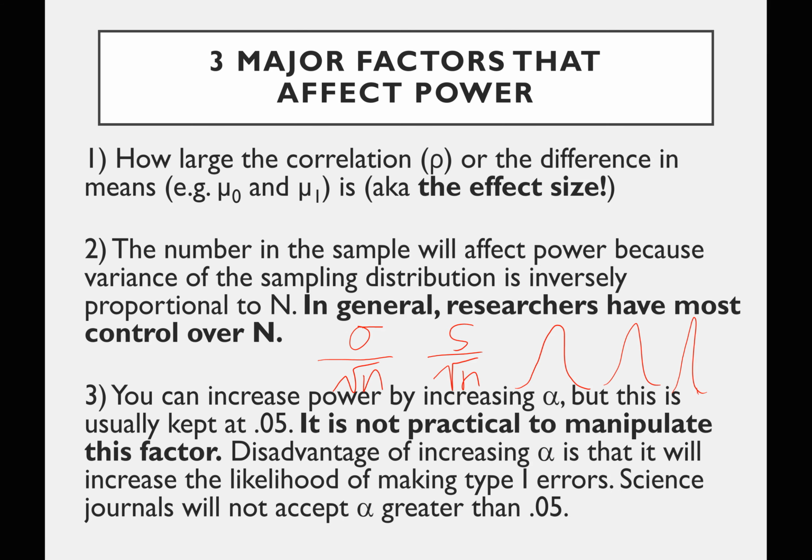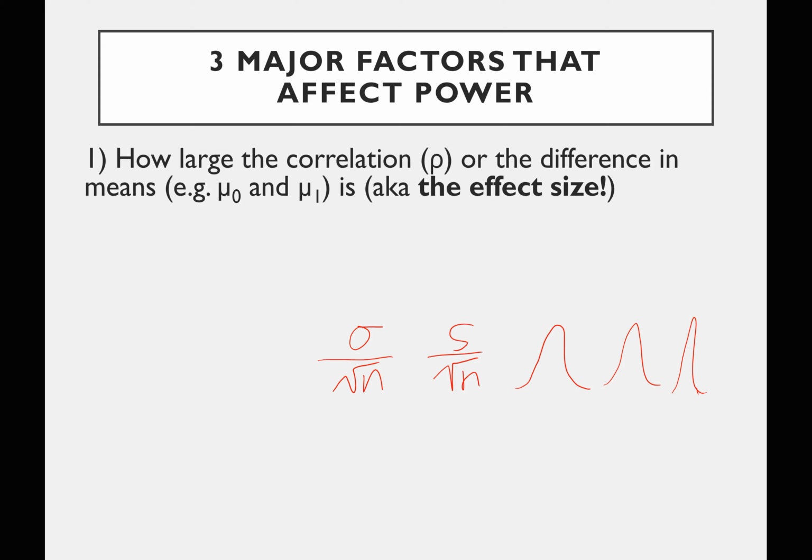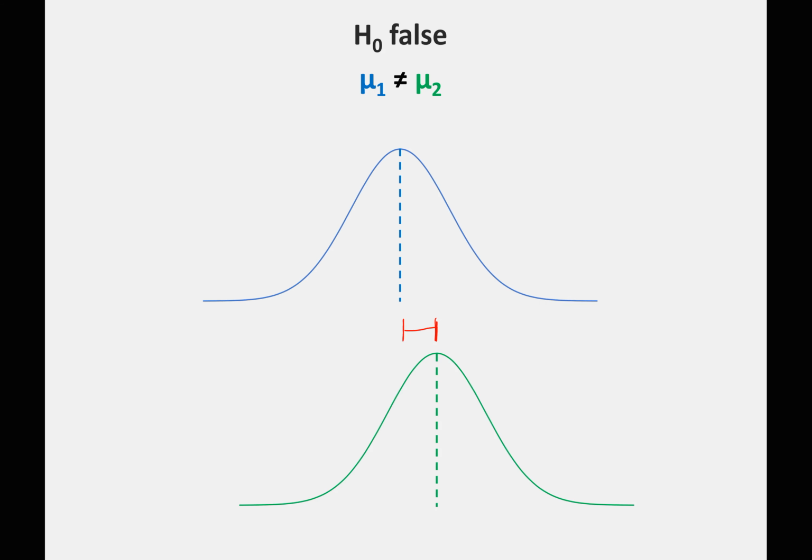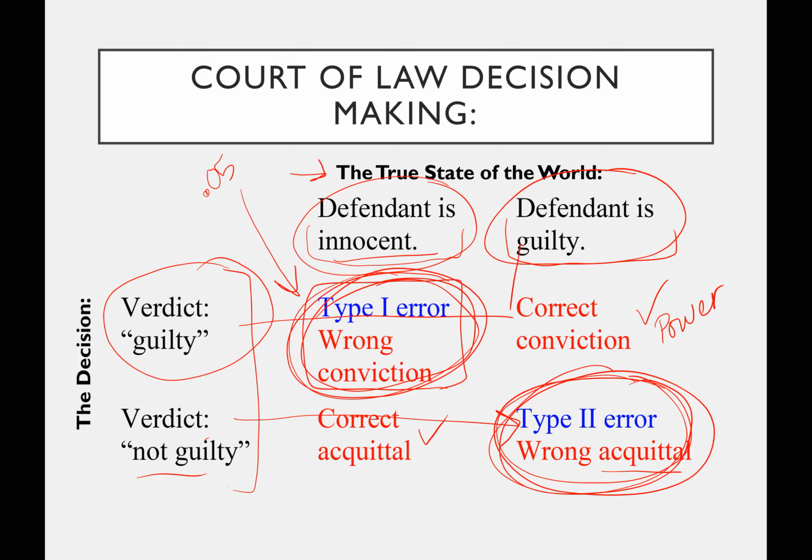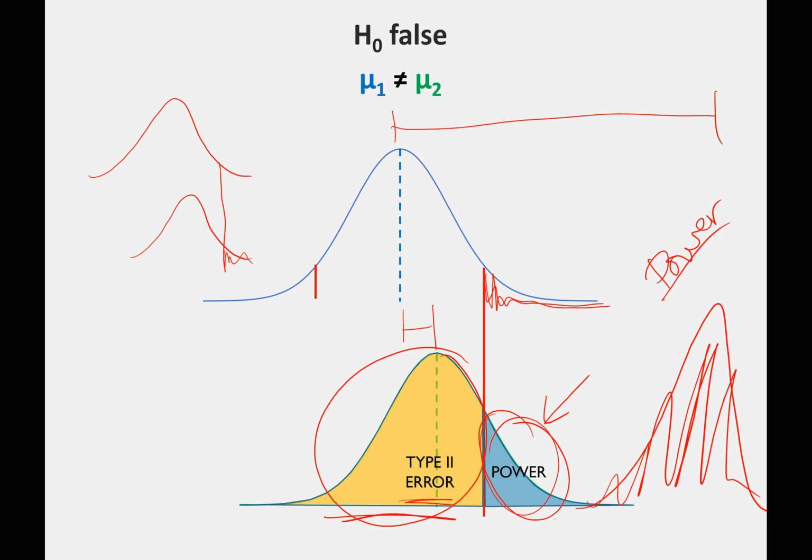You can also technically increase your power by increasing your alpha level. So if we go way back to one of these guys, right? Here, if we made this alpha level bigger, if we moved that guy and said, I'm going to make alpha here instead, this is going to be my rejection region.